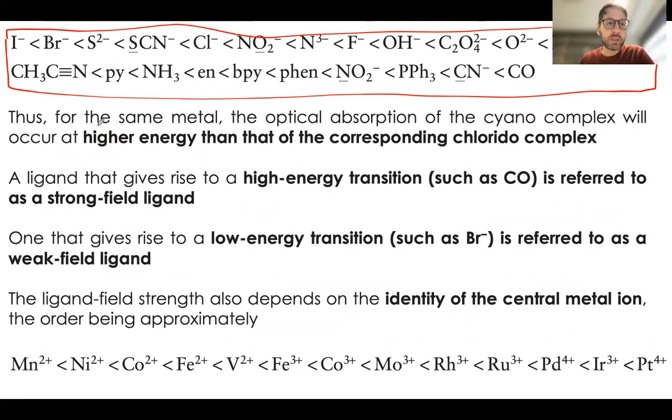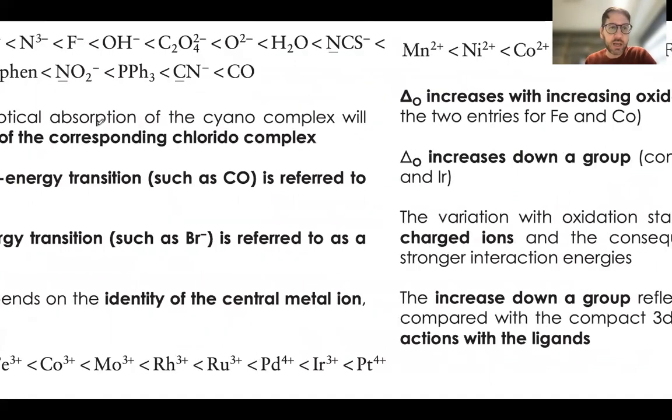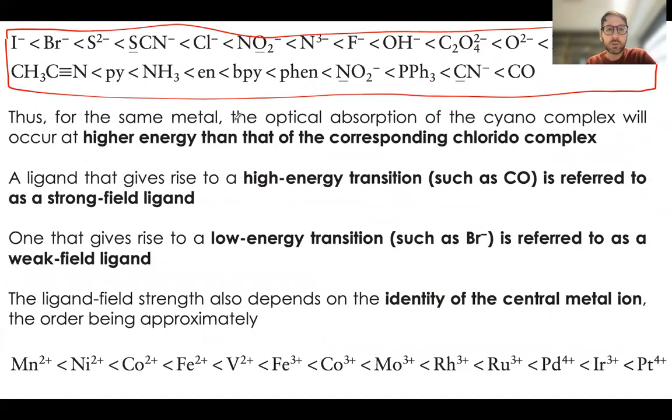So for example, in this case, for the same metal atom, this means that the optical absorption of the cyano complex will be at a higher energy relative to the corresponding chlorido complex.